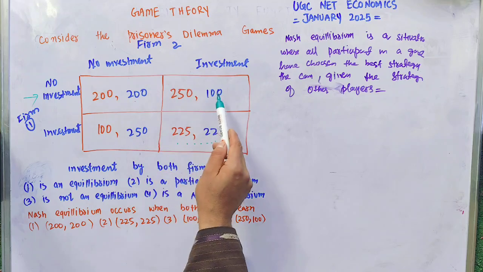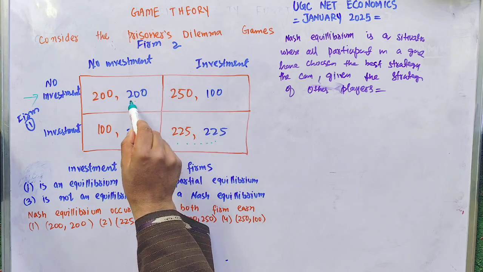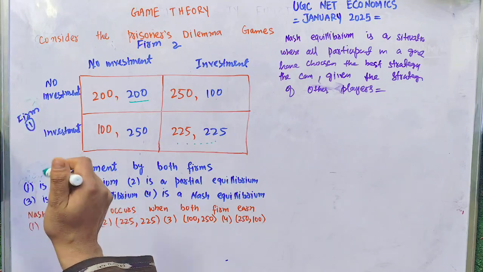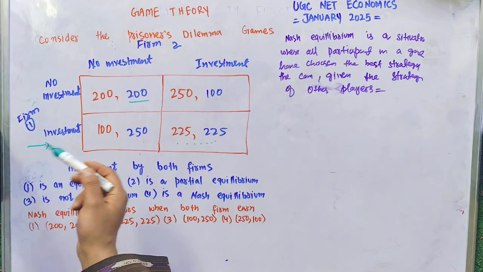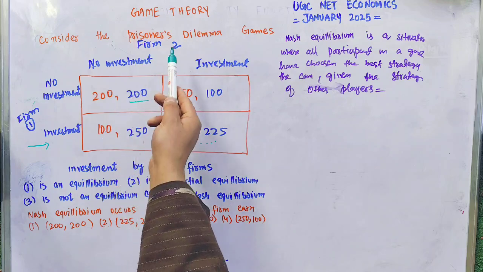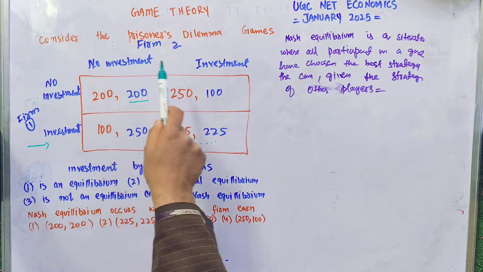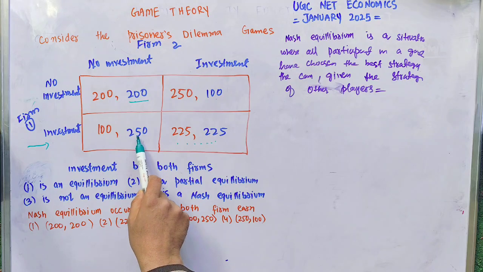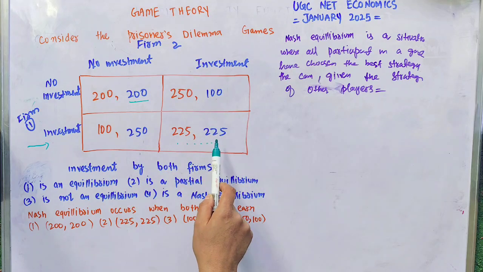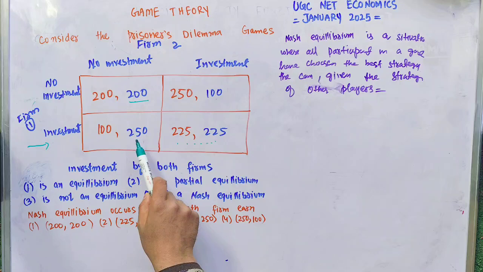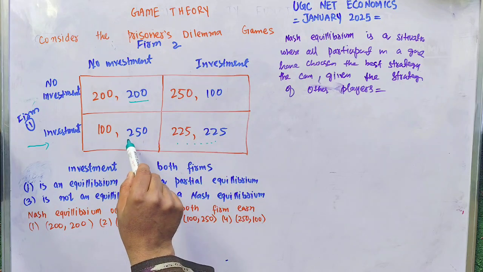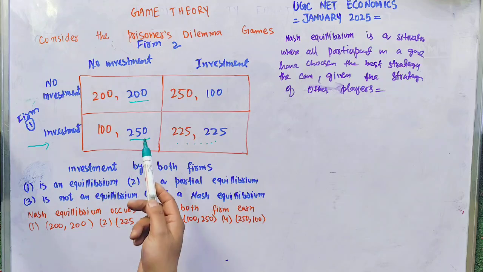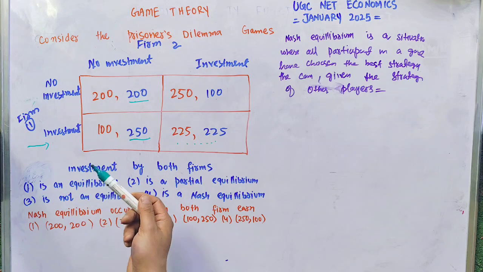Obviously 200 is greater than 100, so it will choose 200. Likewise, if firm 1 chooses investment, firm 2 again has two choices, either no investment or investment. In this case, no investment gives it 250 as payoff, investment gives it 225 as payoff. Obviously 250 is greater than 225, so firm 2 will decide no investment.